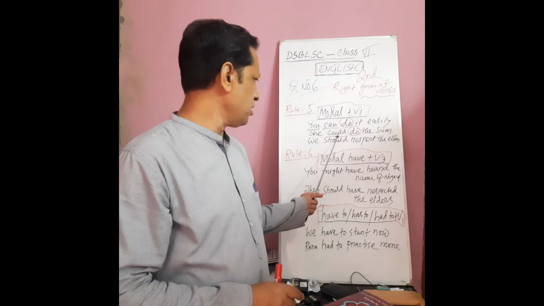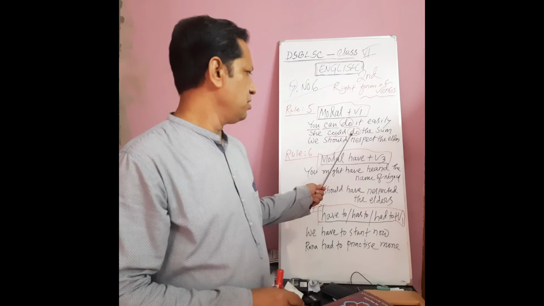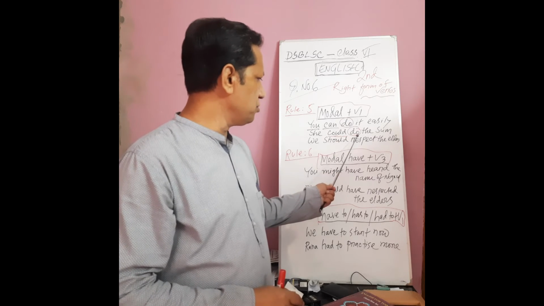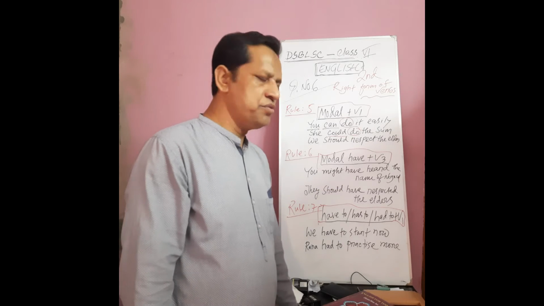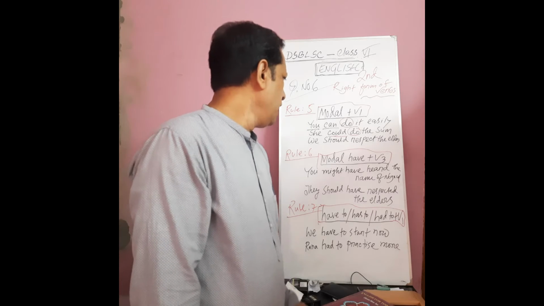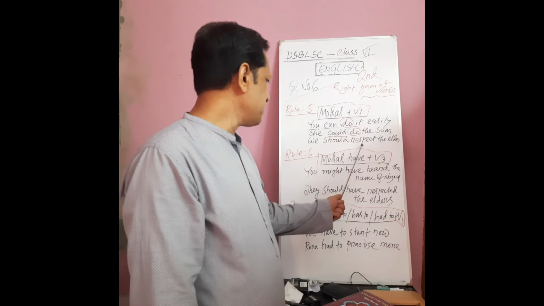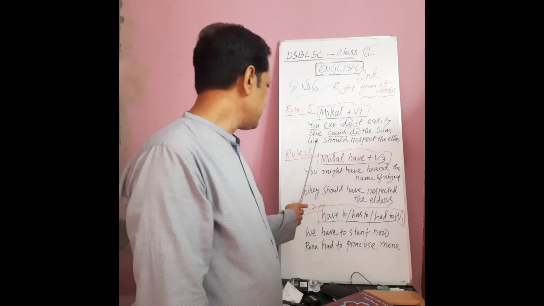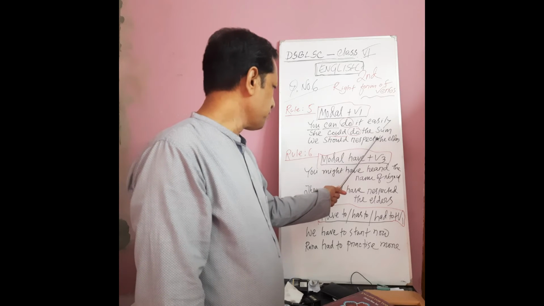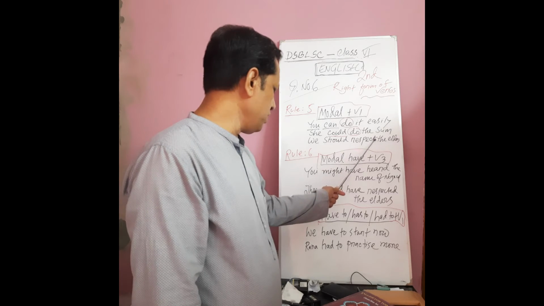Here could is a modal verb, and after could I have written do. Could is the past form of can, but after could we have to use do, the main verb. Next, we should respect the elders. Here the subject is we, should is the modal, and we have to use V1 form: respect.